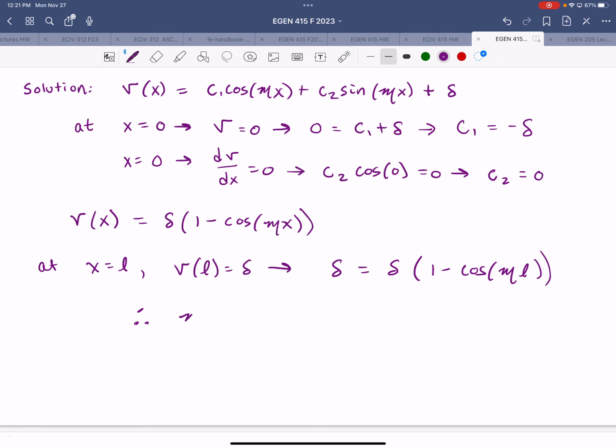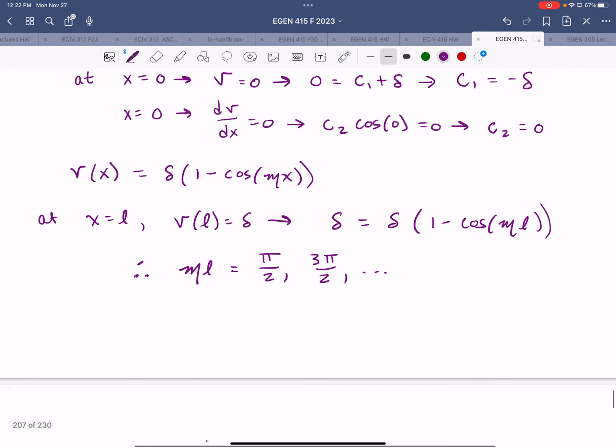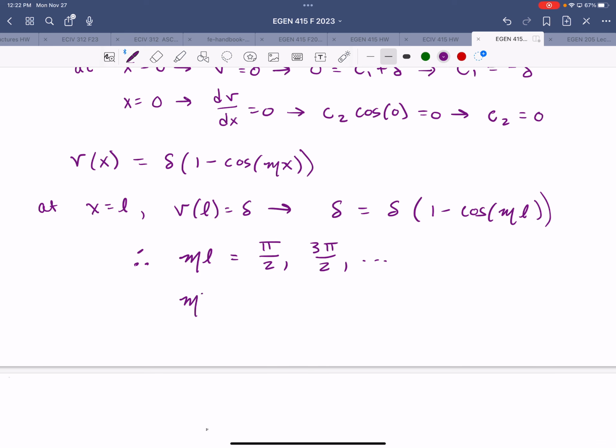So that tells us that lowercase ml is equal to pi over 2, 3 pi over 2, 5 pi over 2, etc. Which means m squared L squared is equal to PL squared over EI, which is equal to pi squared over 4.